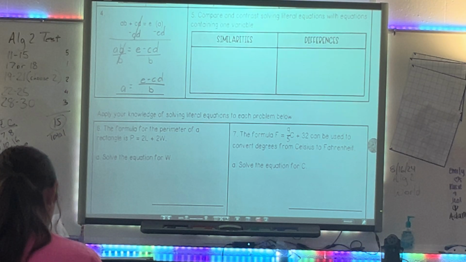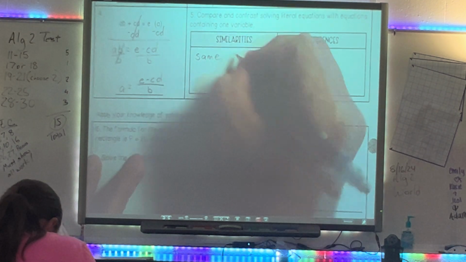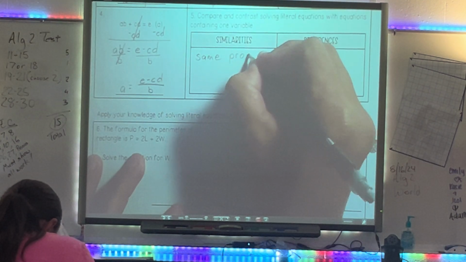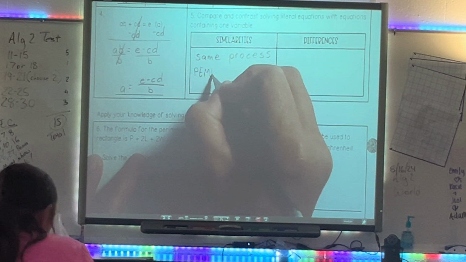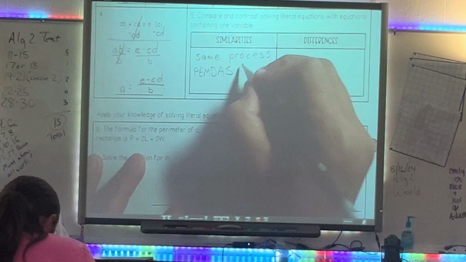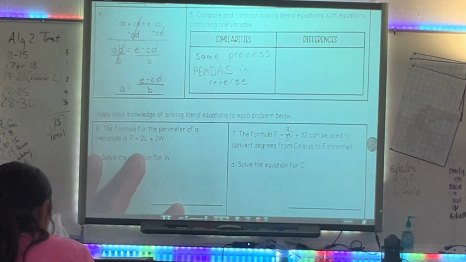Does that make sense? Okay, so I'm going to say the same process. And remember that process is basically PEMDAS in reverse.